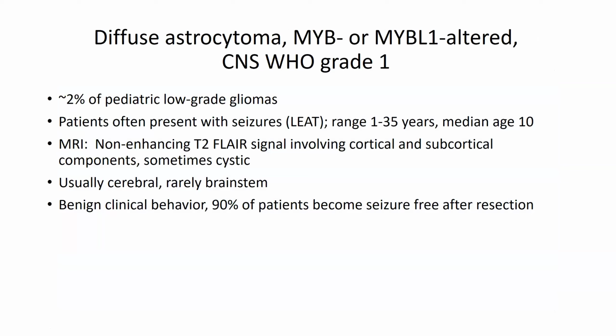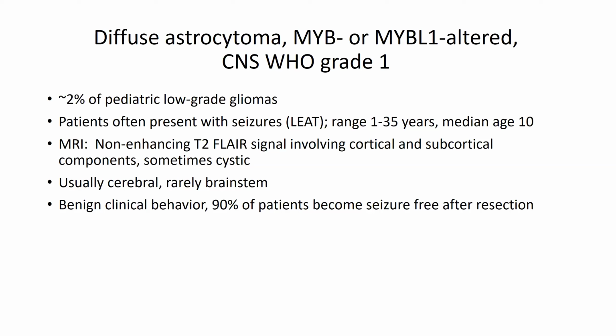These represent about 2% of pediatric low-grade gliomas. They're often epilepsy associated. The range can be from quite young until young adults. Median age is 10. As I showed on the MRI, the T2 FLAIR signal often involves both the subcortical and cortical components and can show cystic change, making you think that perhaps this is something else.